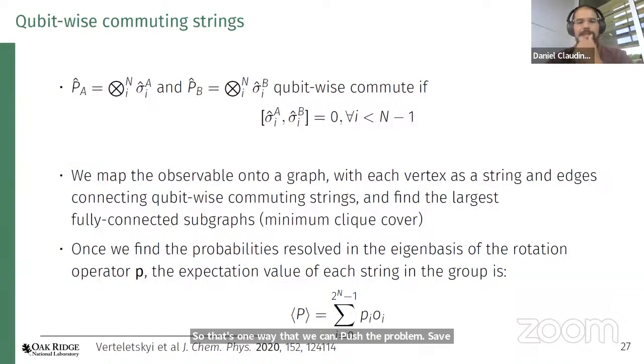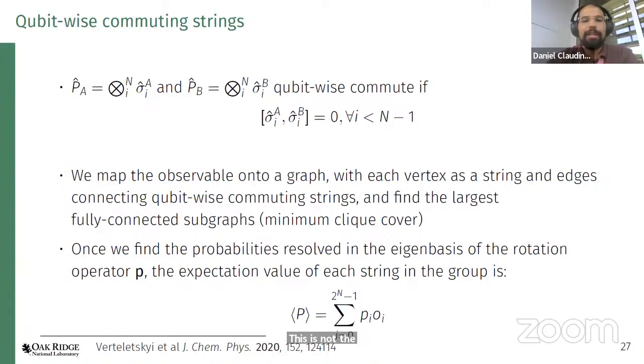Another way is to realize that we have a huge number of Pauli strings, and there are many ways in which they commute. This is not the most general way, but a simple way is to check the qubit-wise commutation. So qubit by qubit, you check their spin operators, and they commute for all of them.